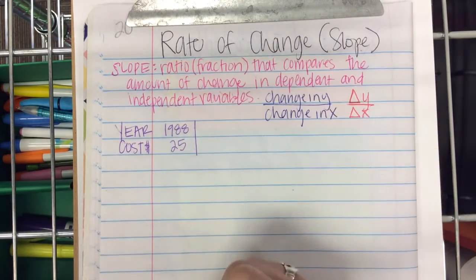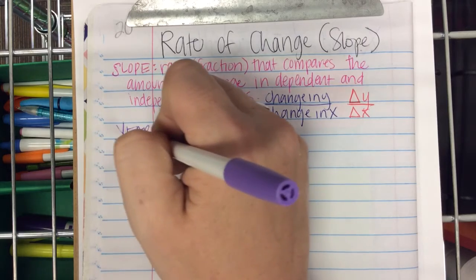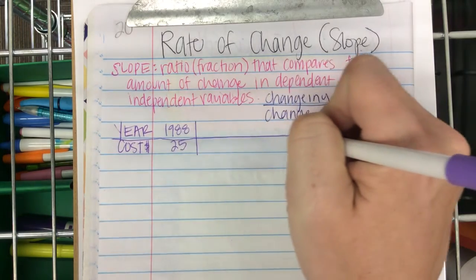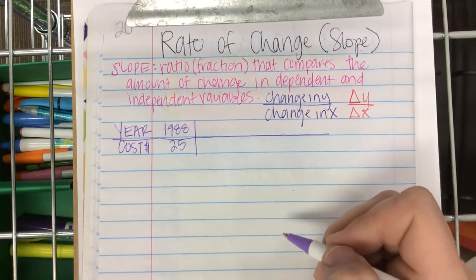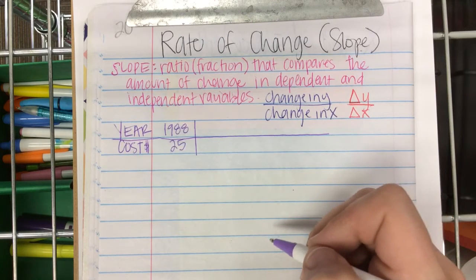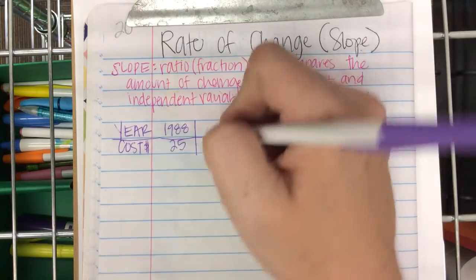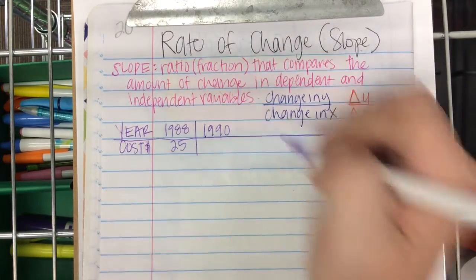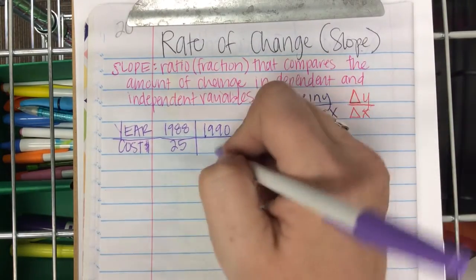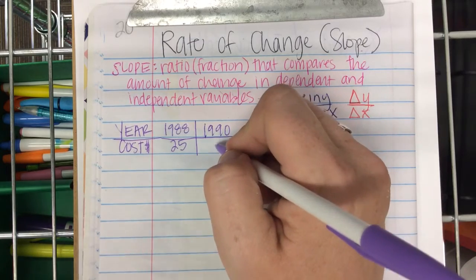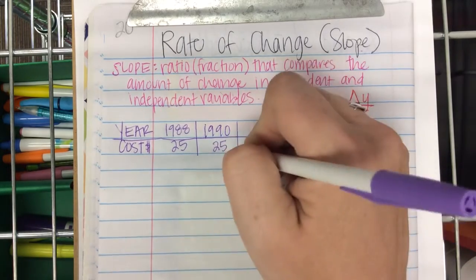I was born before 1988. Yes, good math skills. I am older than that. 1990. It went to 25. Stayed the same.